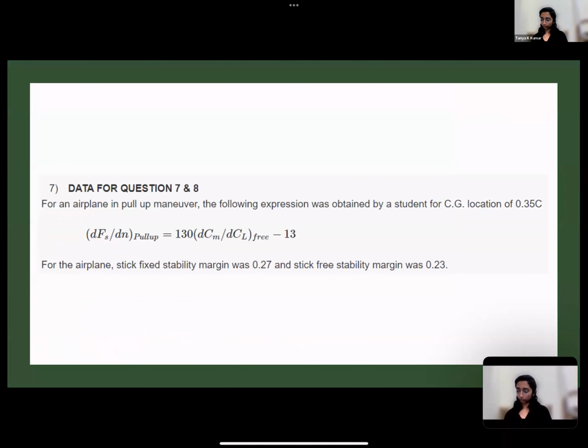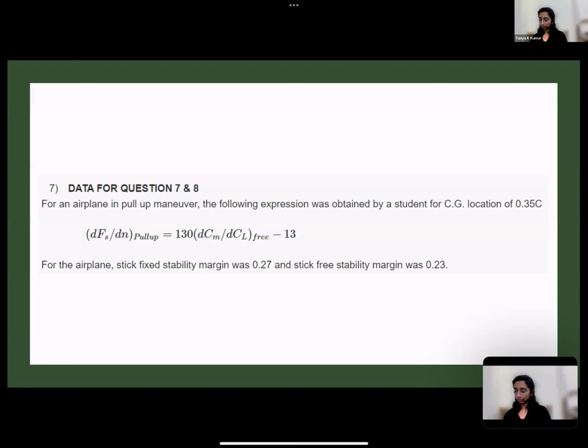Now, they've given you some data. For an airplane in a pull-up maneuver, the following expression was obtained by a student for CG location of 0.35 C. They've given you the variation DFS by DN, the equation. For the airplane, the stick fixed stability margin is 0.27 and stick free stability margin is 0.23.